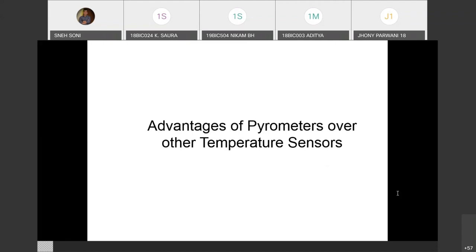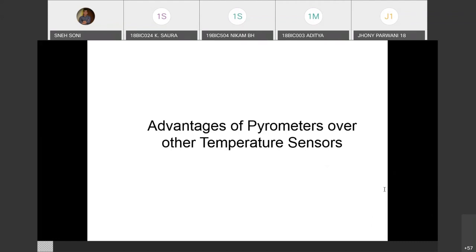Okay. And the fourth point, which is also one of the advantages: practically, you can use them up to a temperature of 3500 degrees Celsius.